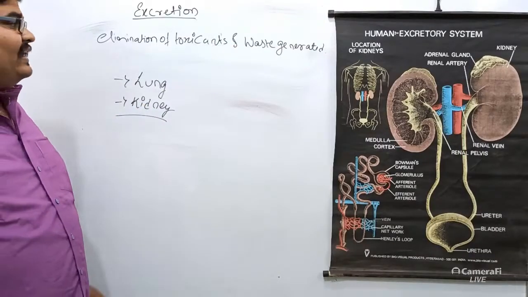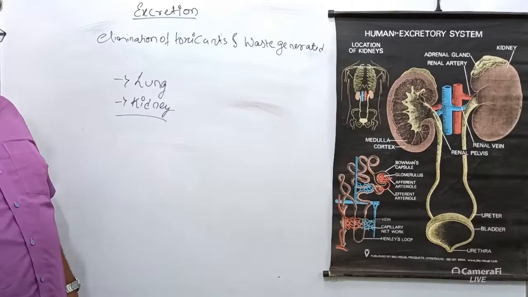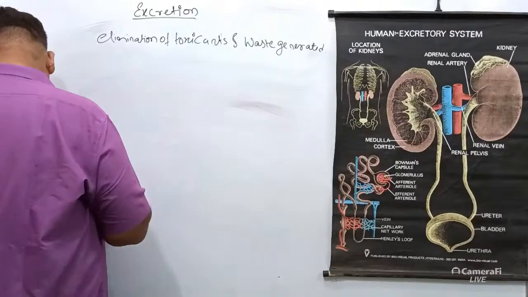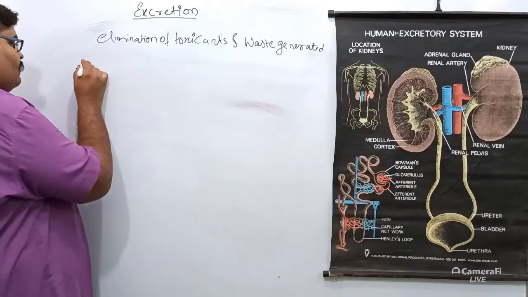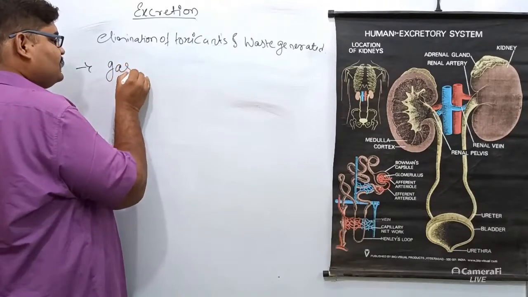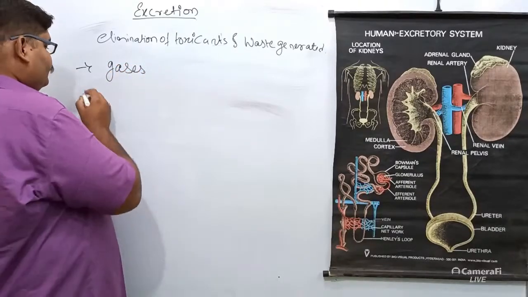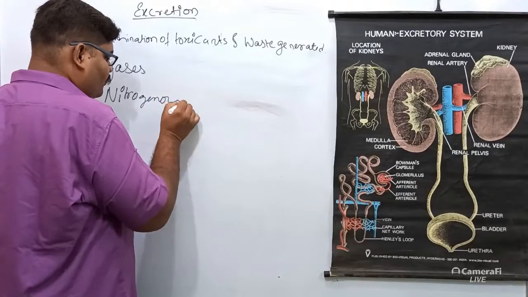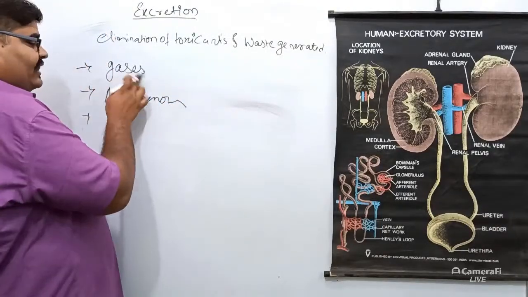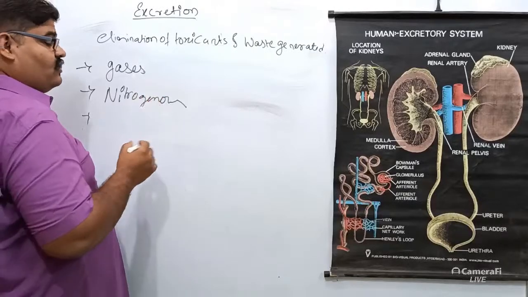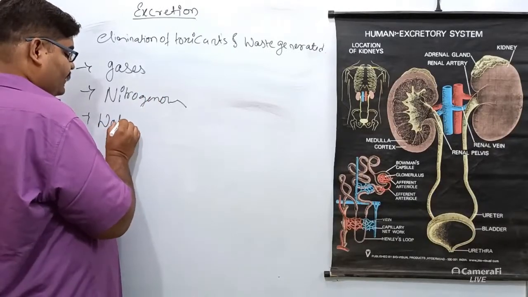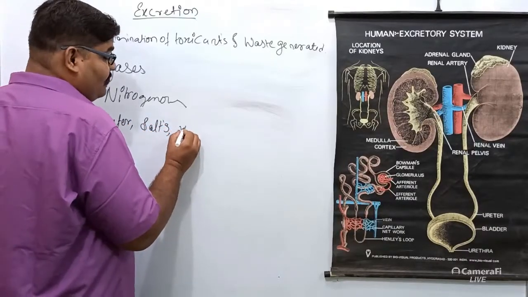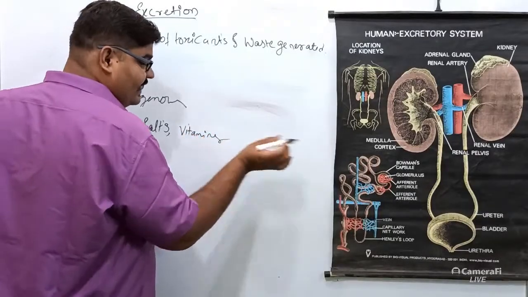Now, the nature of wastes. The waste may be gaseous waste or nitrogenous waste. Besides gaseous and nitrogenous waste, there may be other additional waste like water, dissolved salts, vitamins, and so on.